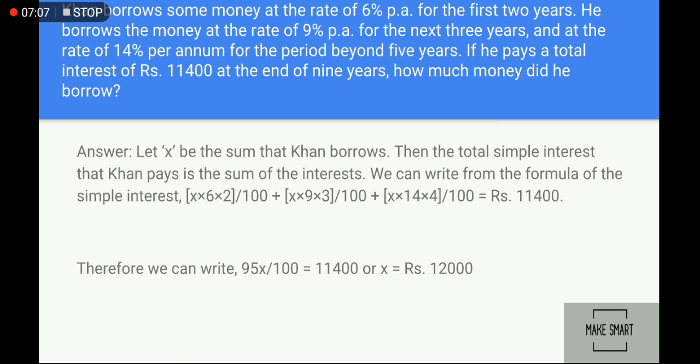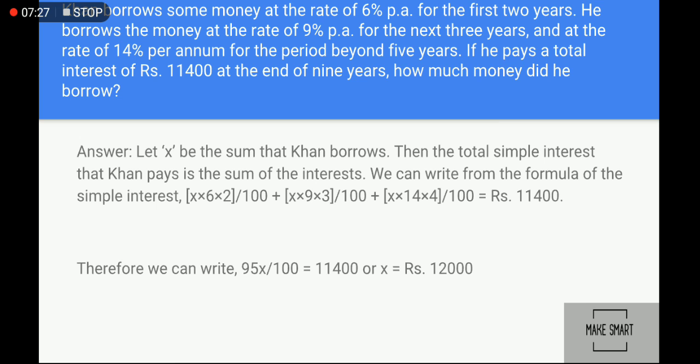Let's assume that Khan borrowed an amount X as principal. For the first 2 years he pays 6% simple interest, then for the next 3 years 9%, then for the next 4 years 14%.